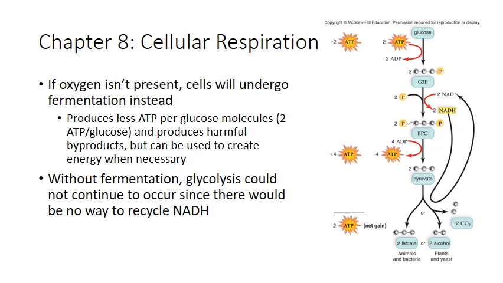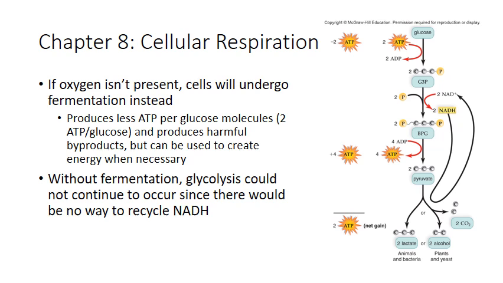But with glycolysis alone, we're converting all this NAD plus into NADH. What fermentation allows us to do is recycle this NADH back to NAD plus, so that we have a cycle that can keep going and is more sustainable. So now we can make some ATP from our glucose without totally depleting our stores of NAD plus.